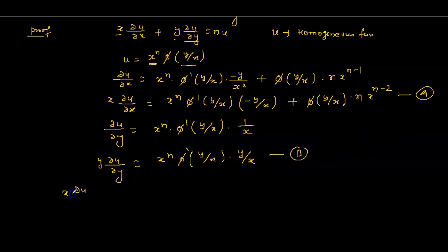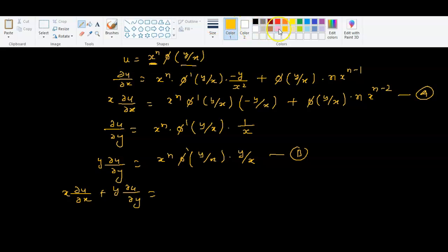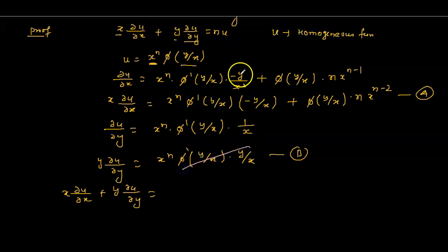On the left hand side, x into del u by del x plus y into del u by del y is equal to, if you add them here, you can see this part and this part get cancelled, so the remaining will be this.